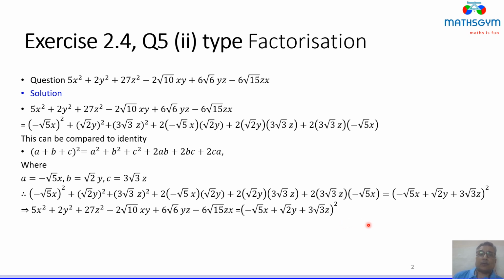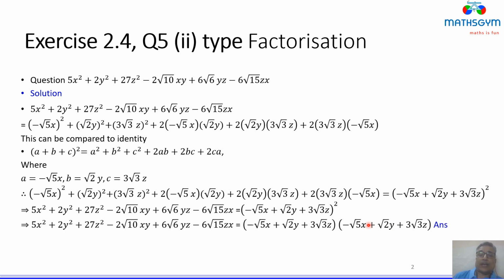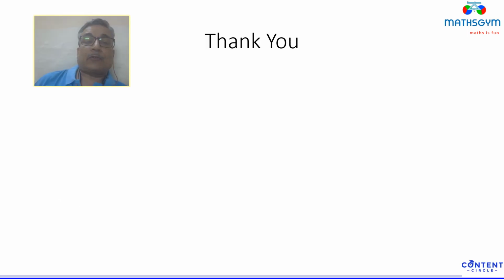However, so as not to miss any marks, since it is a whole square, write the right hand side as two brackets: minus root 5x plus root 2y plus 3 root 3z times minus root 5x plus root 2y plus 3 root 3z. Thank you very much for watching the video.